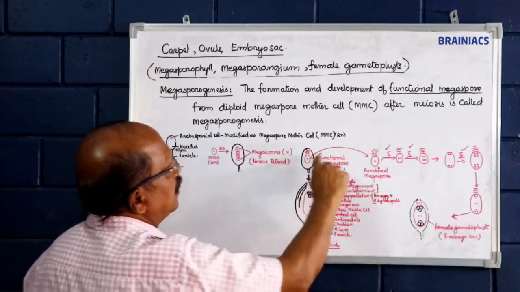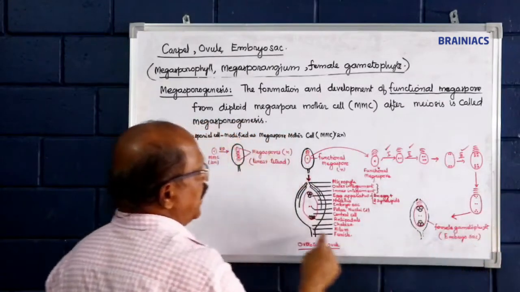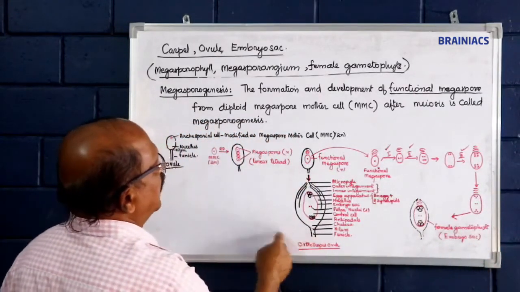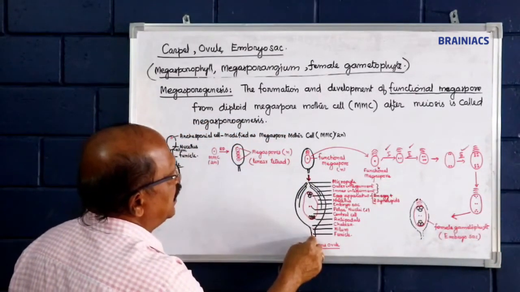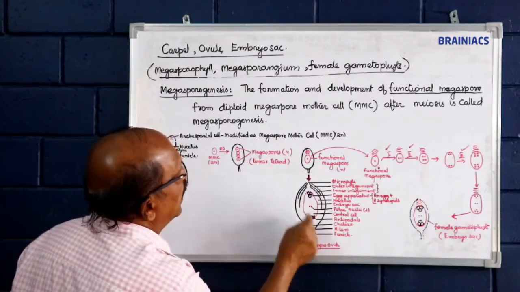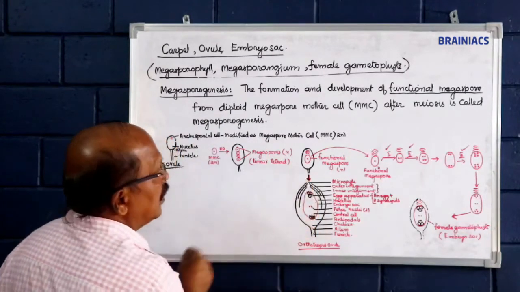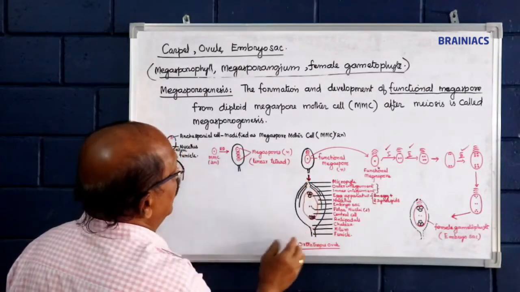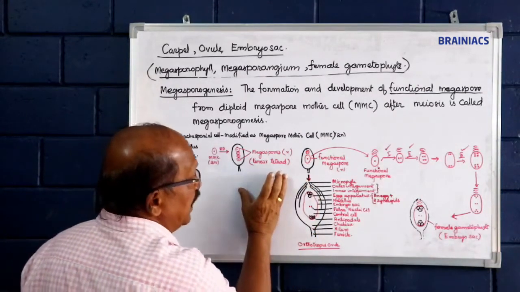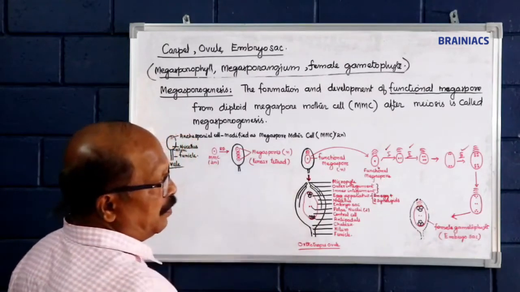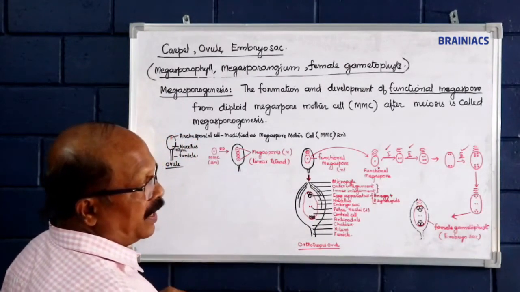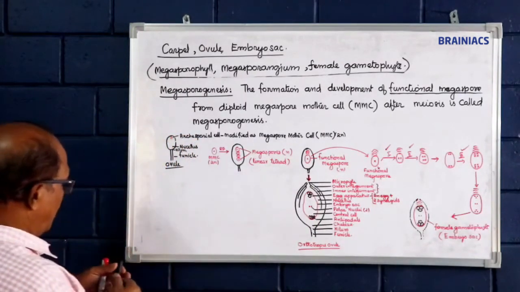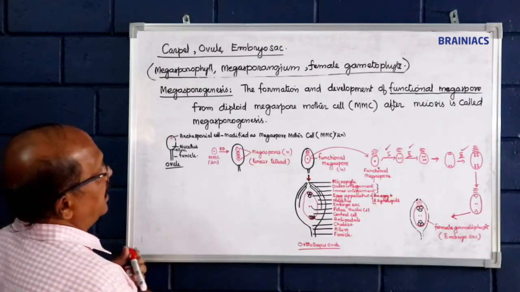And in the anatropous ovule, you can see the funicle and micropyle come near to one another, making the ovule anatropous.